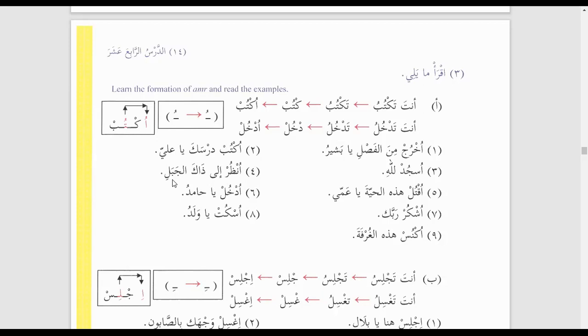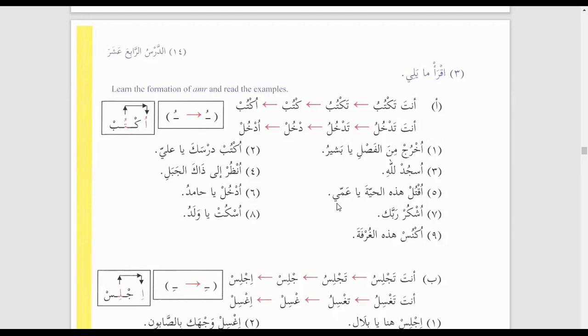Look at that mountain. انظر. Again, this is fi'l al-amr, and as we can see here that all of them are from the family of nasara, yansuru, right? That's why all of them have dhamma in the beginning. Similarly, we have uqtul hadhihi al-hiyyata ya ammi, kill this snake, oh my uncle.